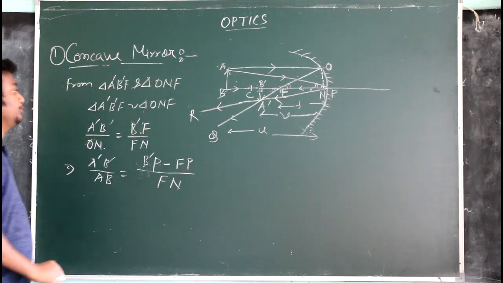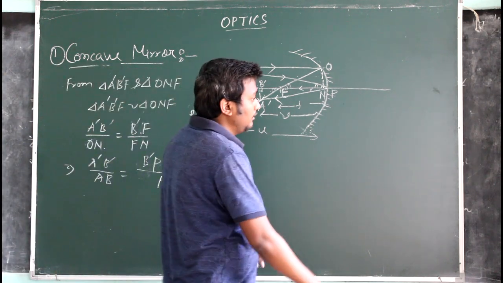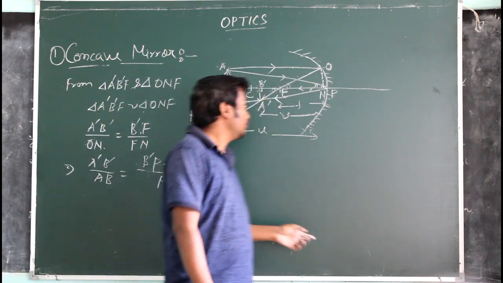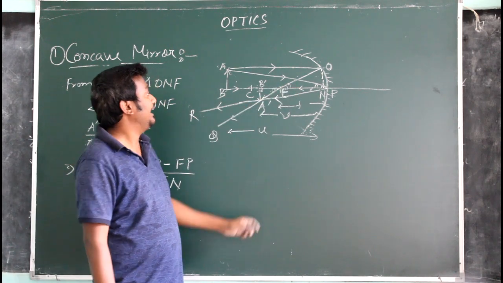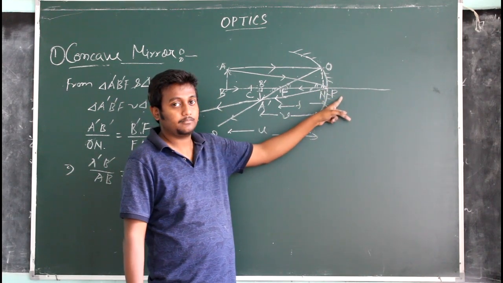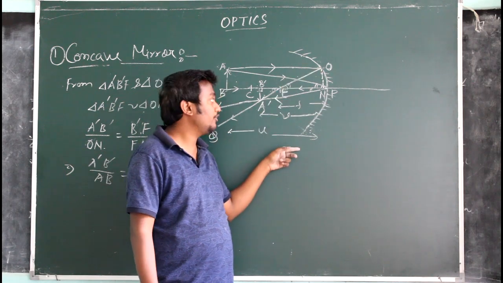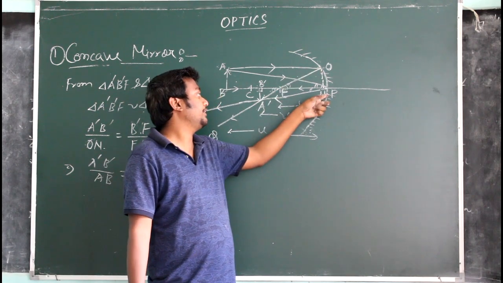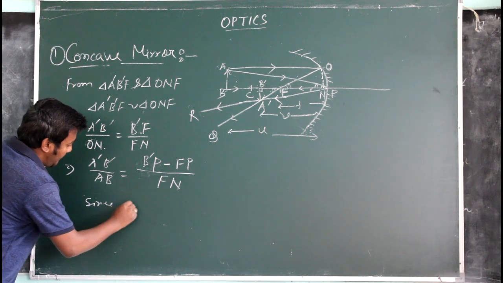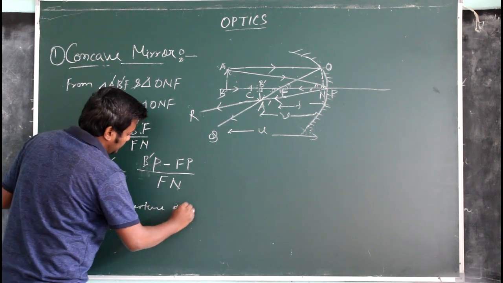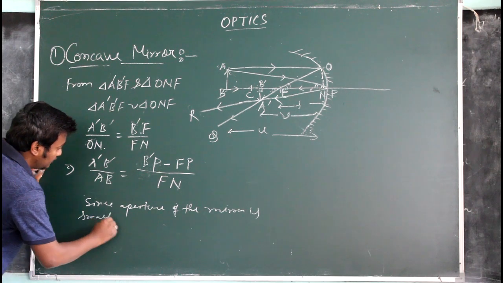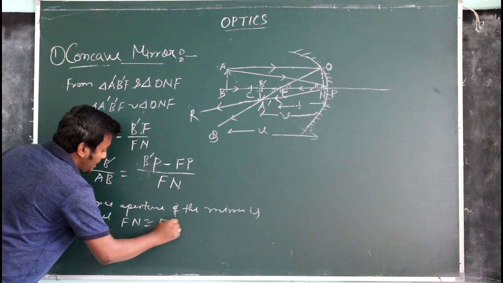When I derived the relation between the focus and radius of curvature, I told you that if the aperture of the mirror is small, the angle will also be small, and this normal point N lies very near to point P. Since the aperture of this concave mirror is small, FN equals FP.